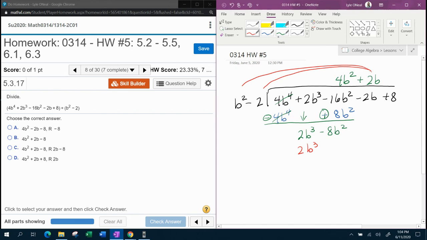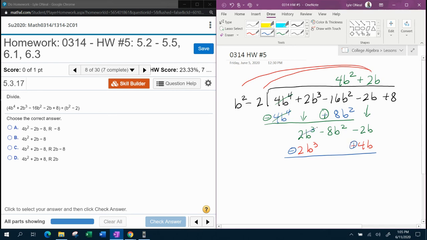And so what I should have done is I should have went ahead and dropped this guy down, negative 2b, so that he has somebody to line up with, okay? So what do we get? That's 2b times negative 2, that's going to make a negative 4b. And then I need to draw the line, change the sign, and then combine.